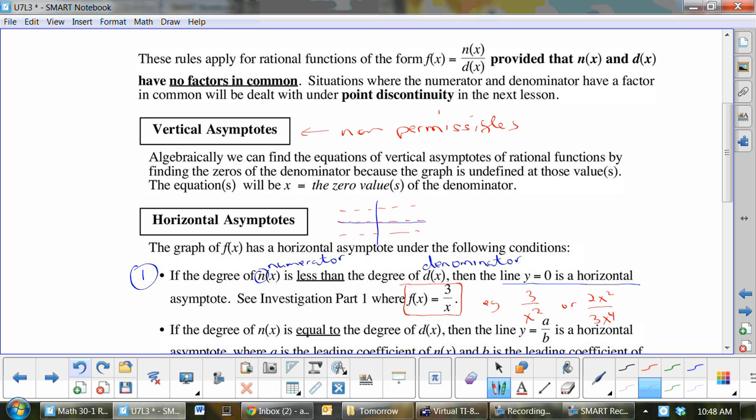Do you see how there's always a bigger degree on the bottom than on the top? What am I talking about when I say it will have a horizontal asymptote with y equals 0? Y equals 0 is a synonym for the x-axis, and x equals 0 is a synonym for the y-axis. So this is what we talk about when we say it will have an asymptote at y equals 0.